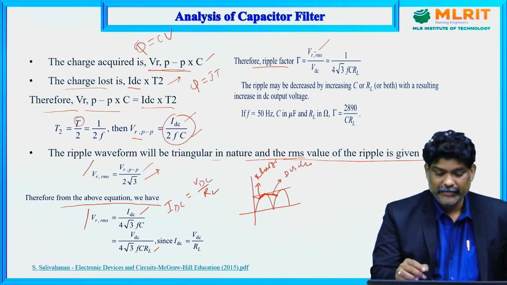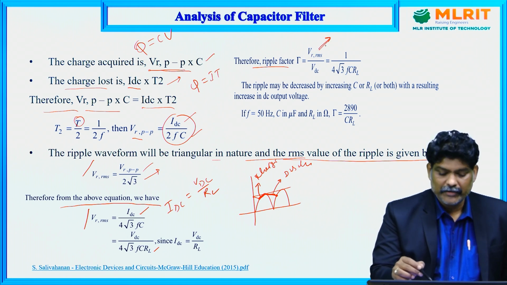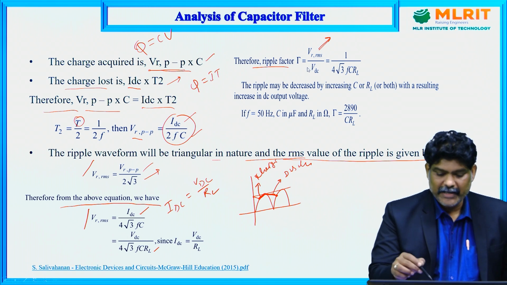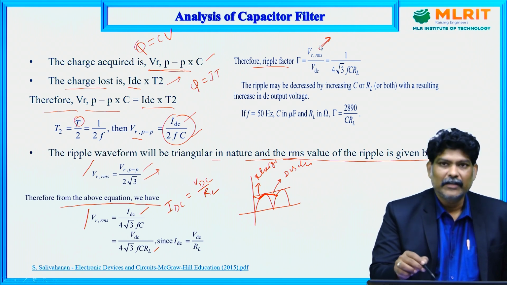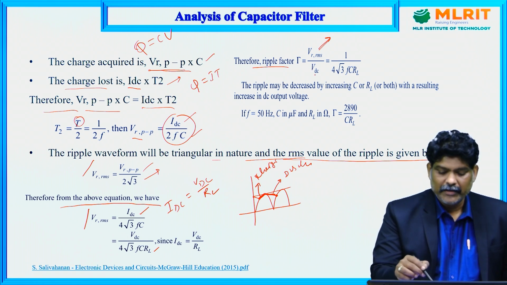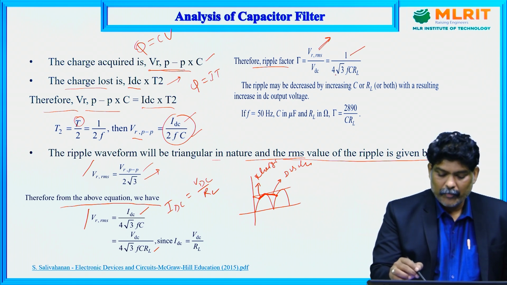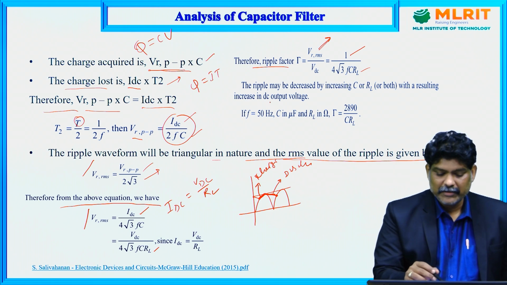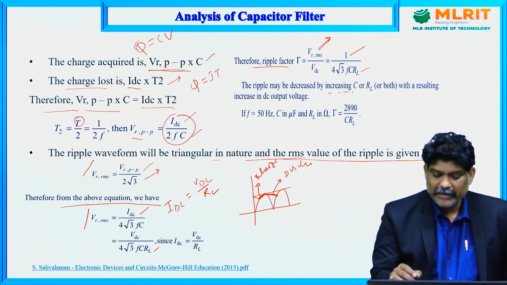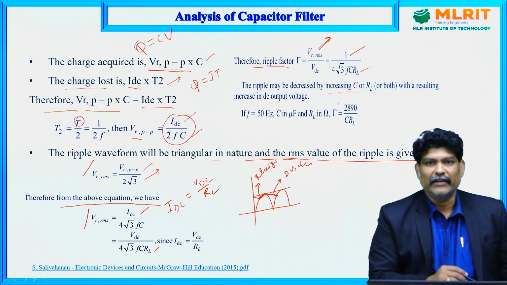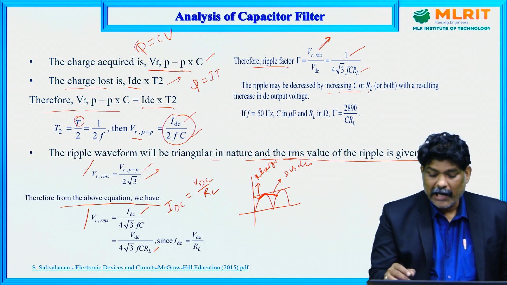This is the root mean square, the AC value of the RMS component, the AC component present in the rectified or filtered output, divided by VDC. So the ripple factor is 1 upon 4 root 3 F into C into RL. The ripples may be decreased by increasing the capacitor value, or the RL value, or both.